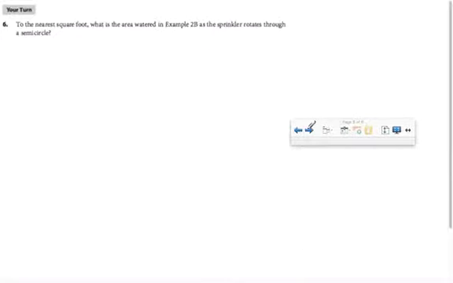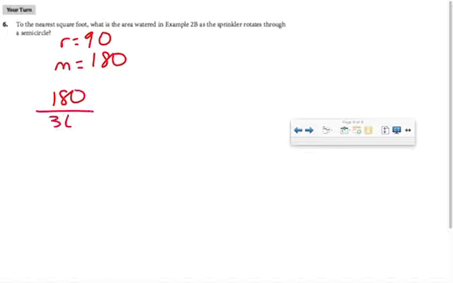Last example, very much like the last one, the sprinkler is rotating through a semicircle. So my R is still 90. My M is 180.